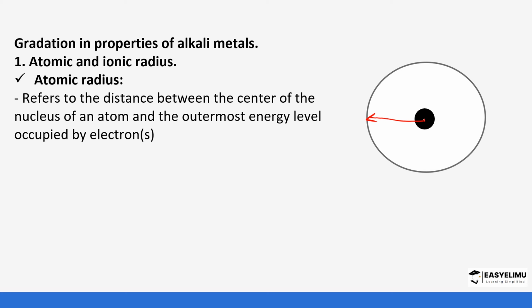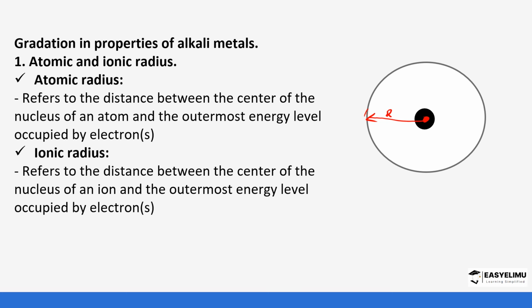Whatever distance we get there is what we refer to as the atomic radius. It needs to be the distance between the nucleus and the outermost energy level, the last energy level or the last energy shell.